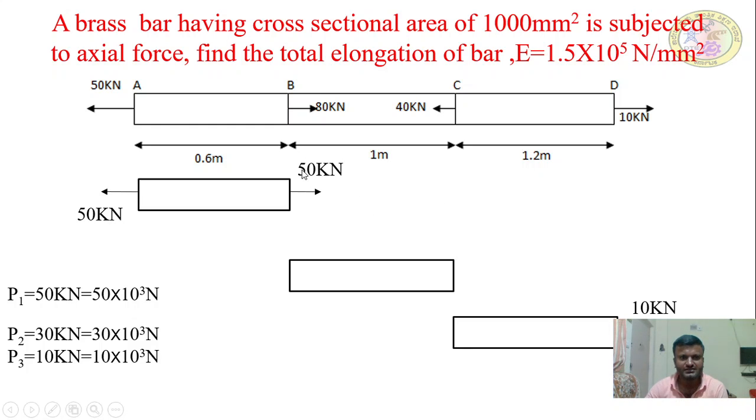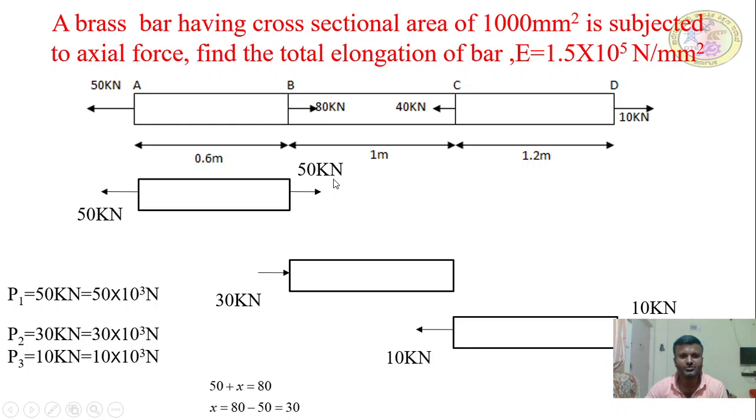Then what is the member BC subjected to? Let's see. 50 plus x is equal to 80. Therefore, x is equal to 80 minus 50. Therefore, how much is it? 30 kilonewton. What type of force is it? Compression. See, this force is acting as a compressive force of 30 kilonewton.